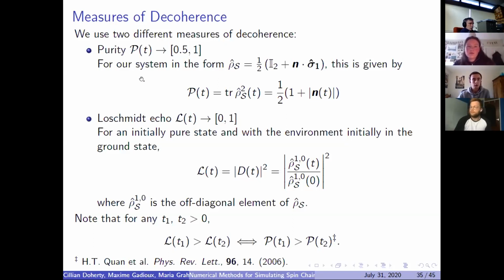In our case, we studied systems in the form given here, so half of the identity plus nx sigma 1x plus ny sigma 1y plus nz sigma 1z.